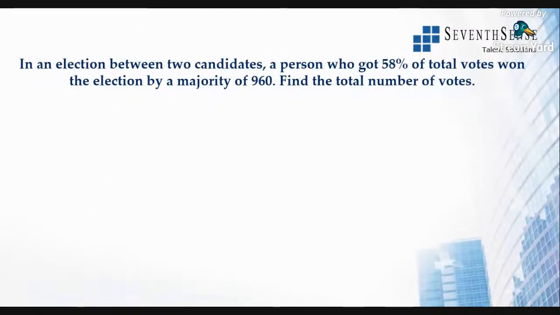In an election between two candidates, a person who got 58% of the total votes won the election by a majority of 960. It means that, say for example, candidate A and candidate B are there.